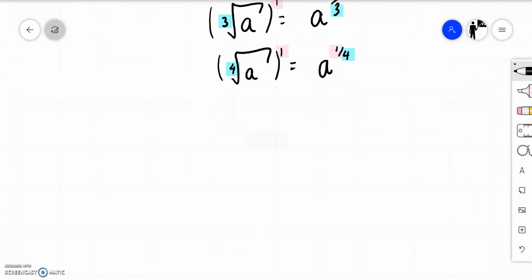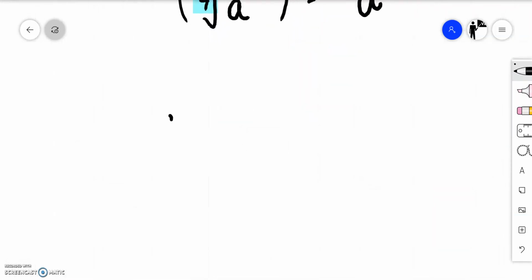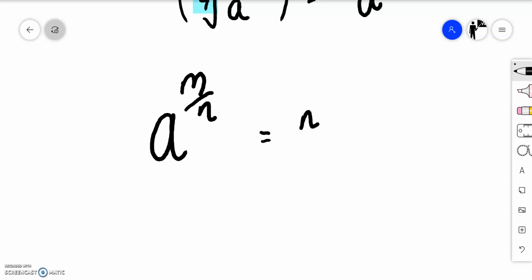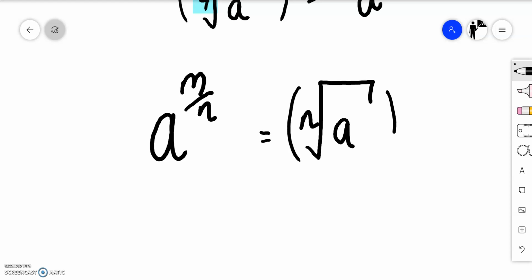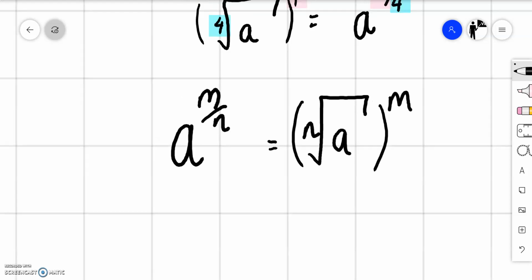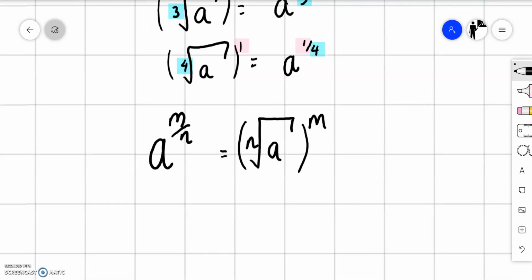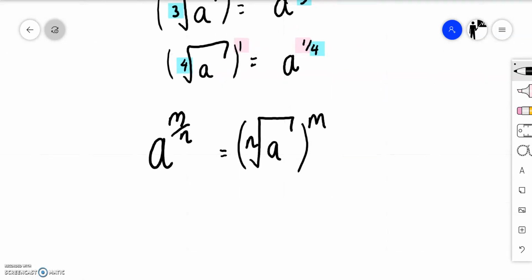Essentially, what we can generalise this full idea to is the following. If we have got something to the power of a fraction, m over n, that will become the nth root of A to the power m. So if we have a look at this example here, A to the power of a quarter, well that's going to be the fourth root of A to the power 1.